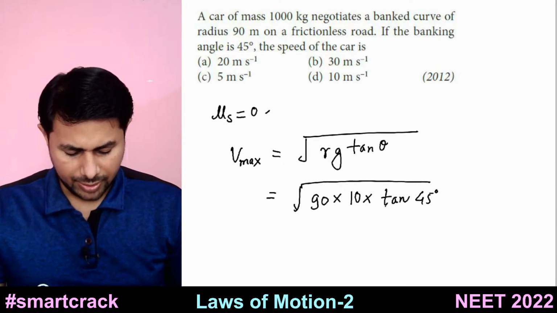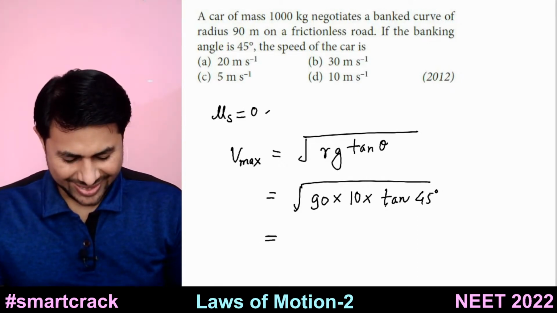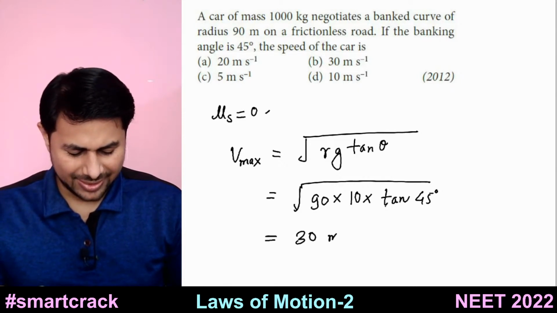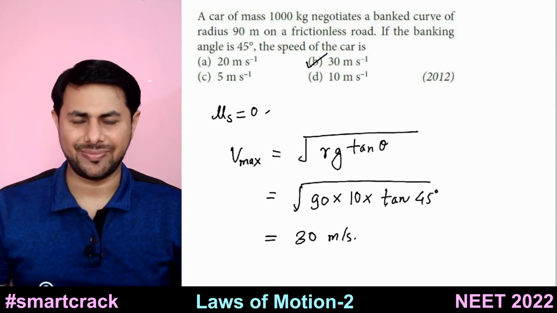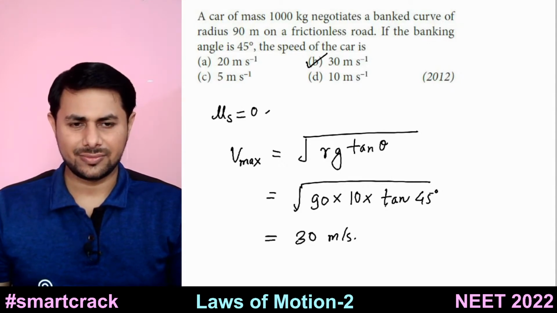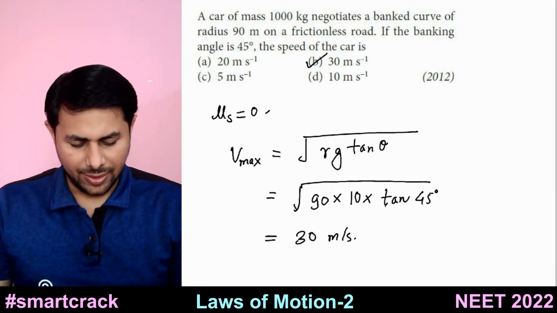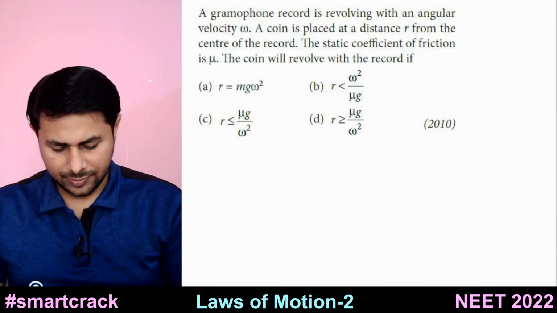That means it is square root of 900. So square root of 900 is 30. Answer is 30 meters per second. Simple. So let's move on to the next problem.